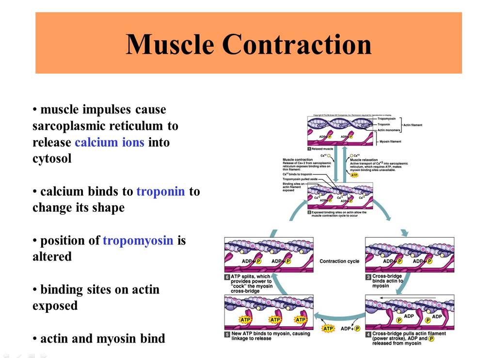When the calcium attaches to the troponin, it causes the active sites on this actin to be exposed. Now, here they're not exposed, here they are exposed. The calcium ion attaches to the troponin and changes its shape, and remember I said it's like a rope with yarn twisted around it?